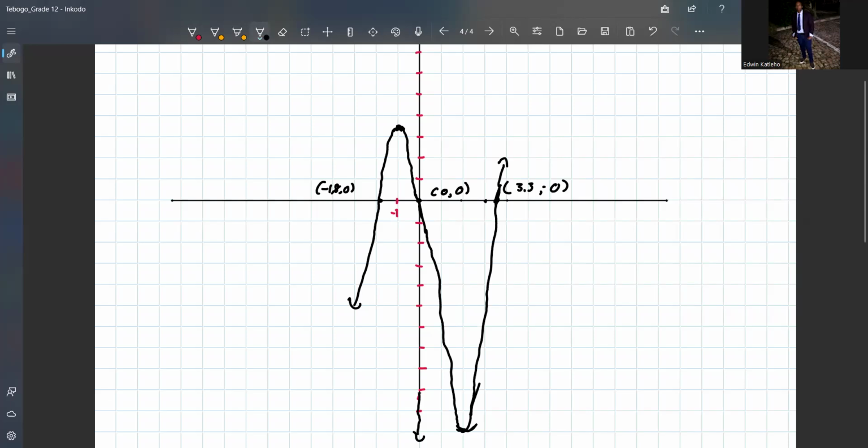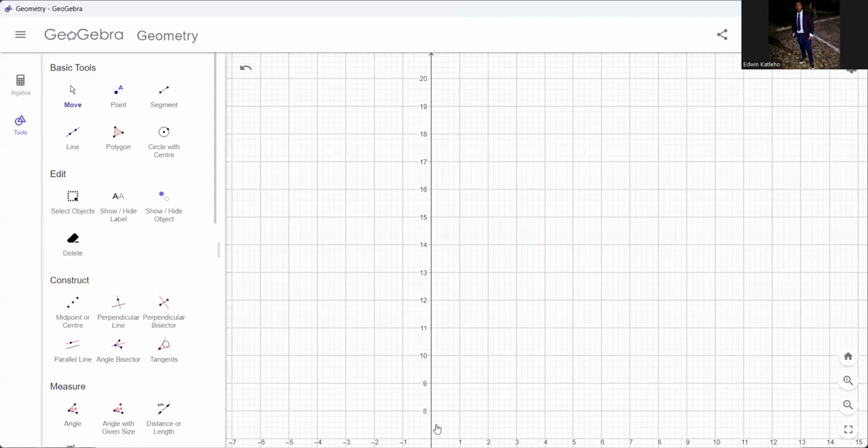All right, let's go back. So let me share a different screen with you guys because I need you to see it through GeoGebra.